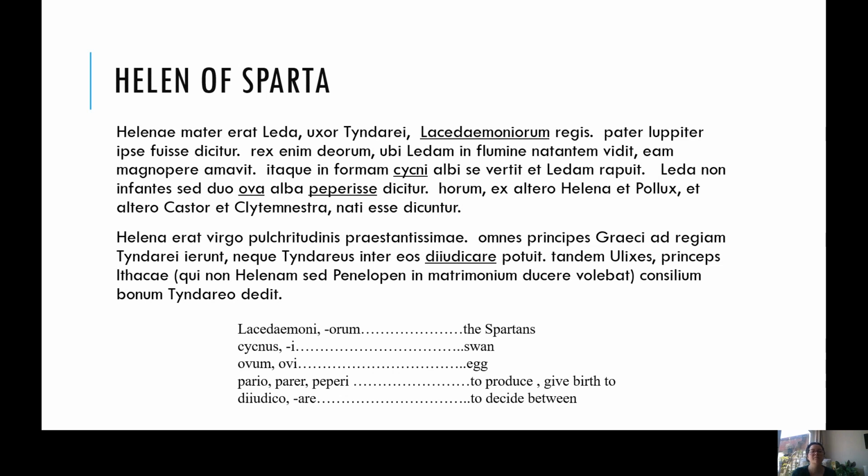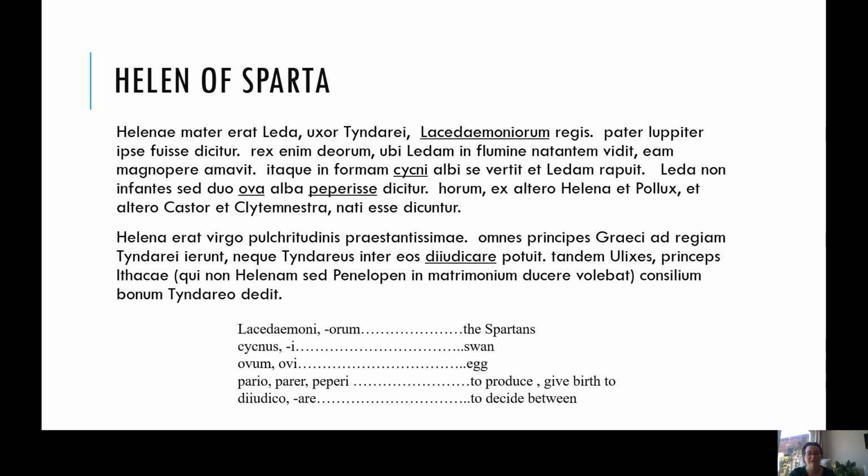Helena erat virgo pulchritudinis praestantissimae. So Helen was a maiden or a virgin or a young girl. Then we've got these genitives. So again, you want to convey that genitive of outstanding, or of the most outstanding, whatever you can do to convey that superlative. Pulchritudinis, beauty.